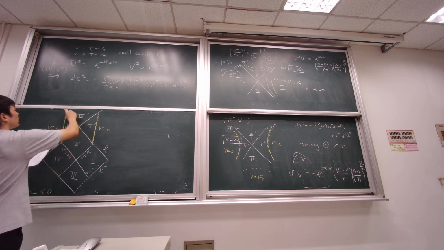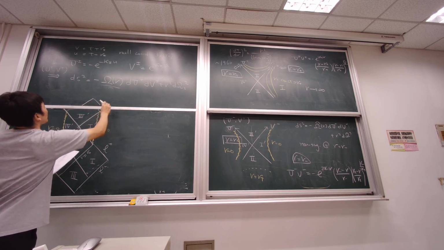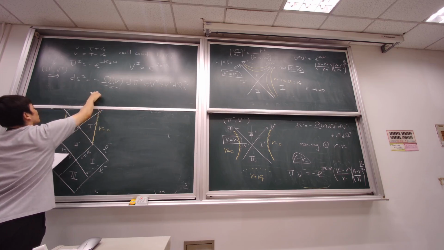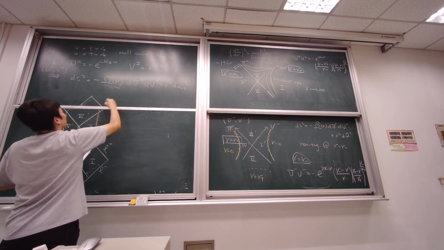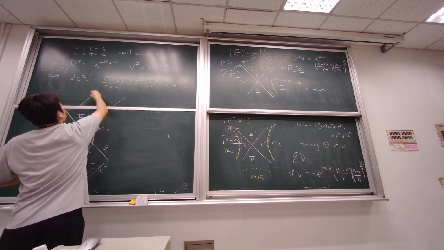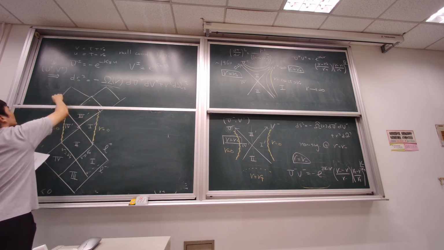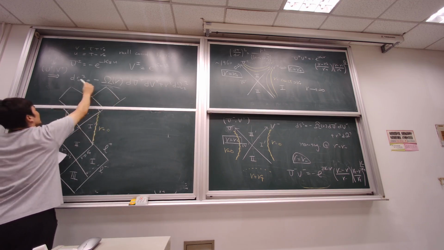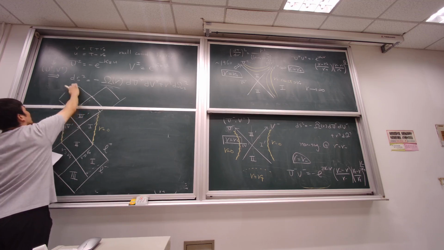Roughly speaking, it becomes like this, hopefully it's visible from the back, and then you can extend the space structures this way.